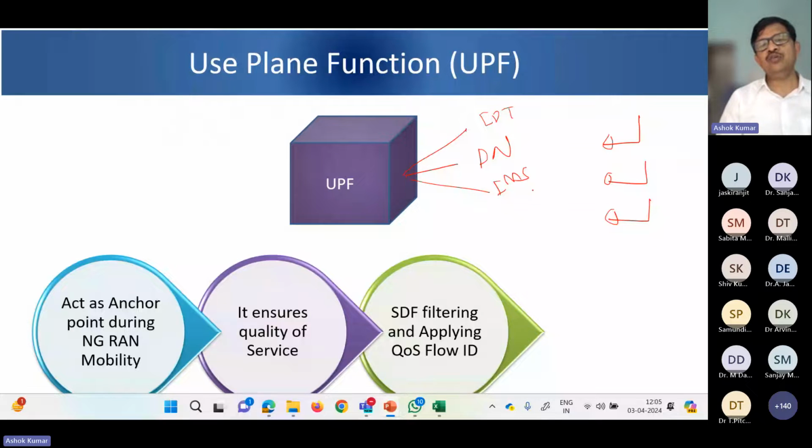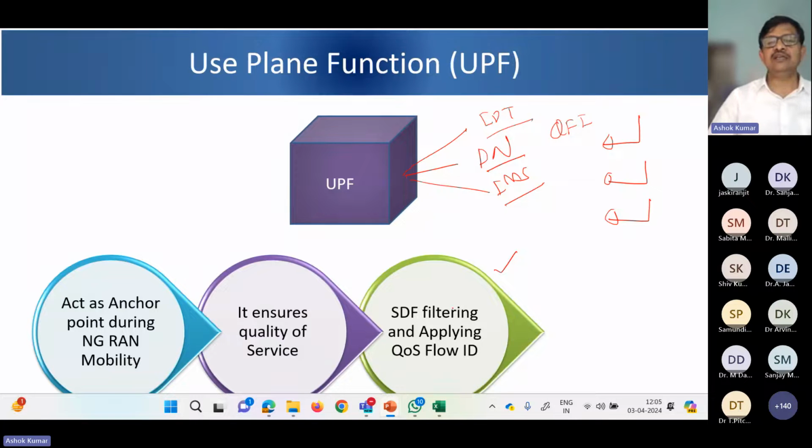And UPF, how will it know that the data is coming from internet or IMS or IoT server, or for that matter, any service? So it knows how to filter it, right? Maybe based on IP address, maybe based on port number, it will filter it and apply a particular QFI onto the downlink direction. For uplink, user equipment takes that role. In downlink, it is the UPF which takes the role.